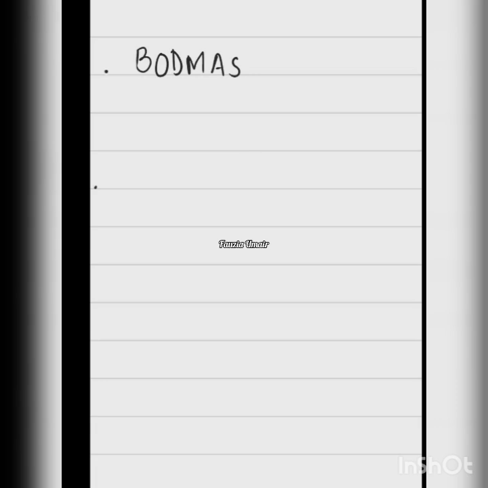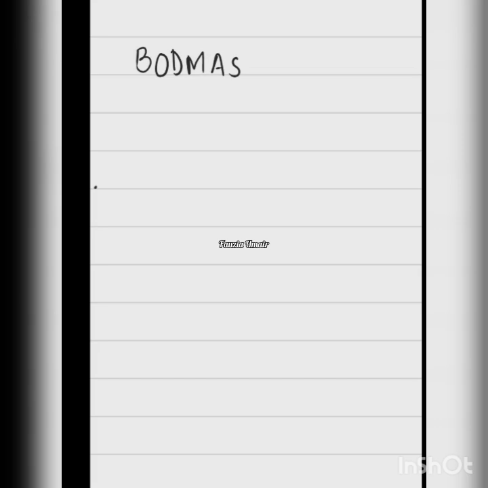Just like Shahir was saying, BO stands for brackets. So brackets are to be solved first. Then DM have the same priority.